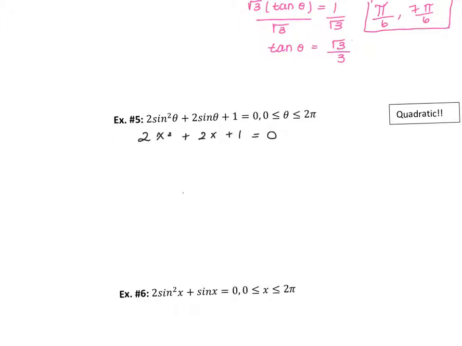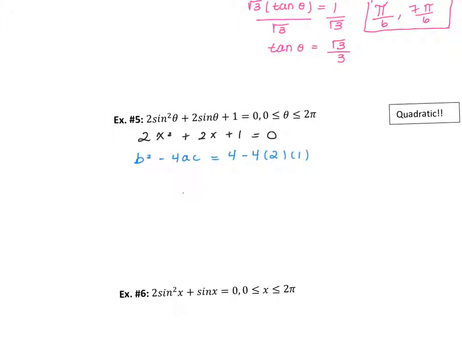My discriminant is b squared minus 4ac. Well, b squared is going to be 4 minus 4 times a times c. What's the problem there?